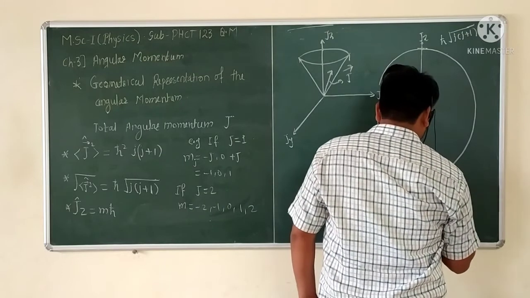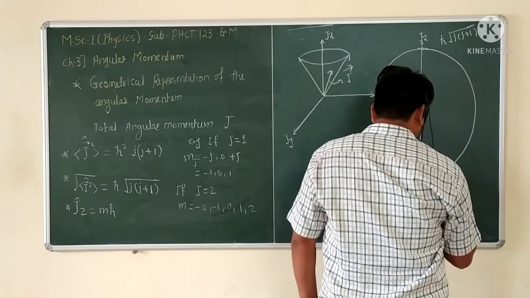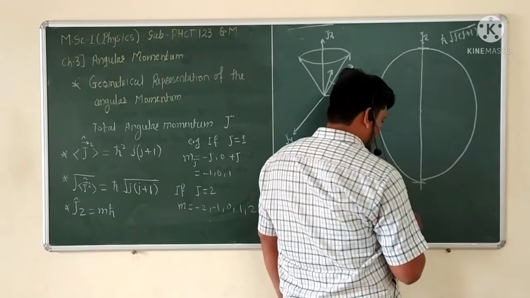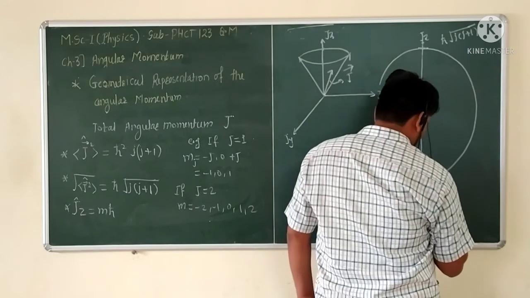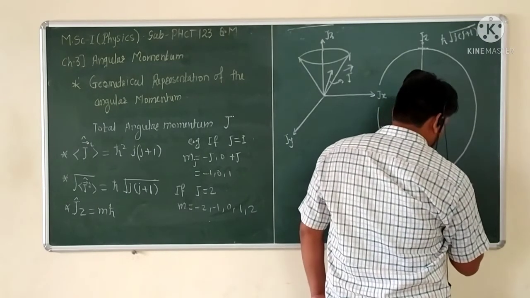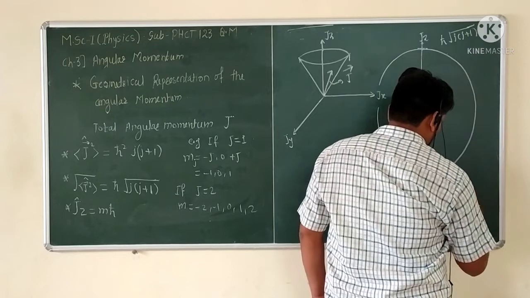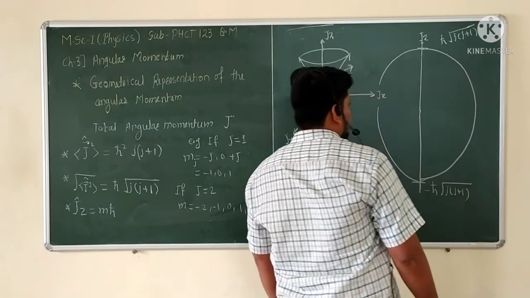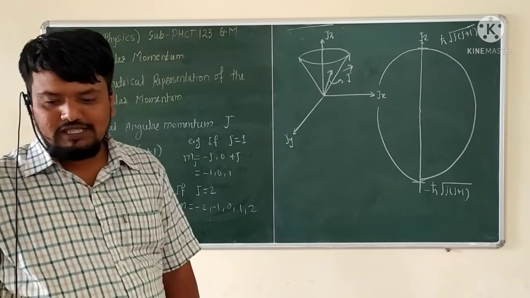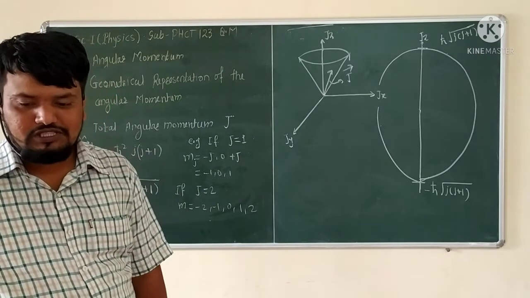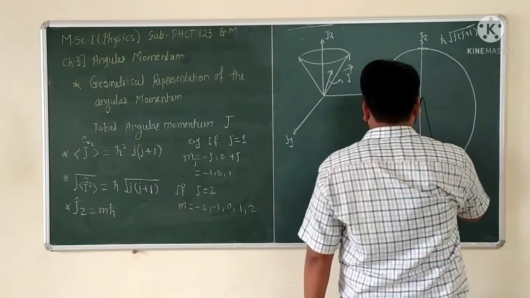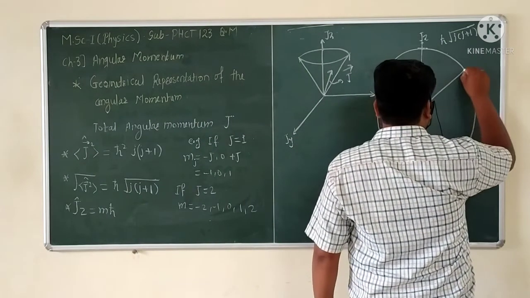Below this point, the radius of the circle is h cross into the square root of j into j plus 1. To show the geometrical representation of J, it is like this.